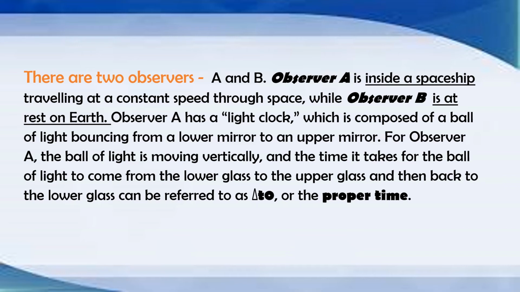Observer A has a light clock which is composed of a ball of light bouncing from a lower mirror to an upper mirror. For observer A, the ball of light is moving vertically, and the time it takes for the ball of light to go from the lower mirror to the upper mirror and then back to the lower mirror can be referred to as the proper time.